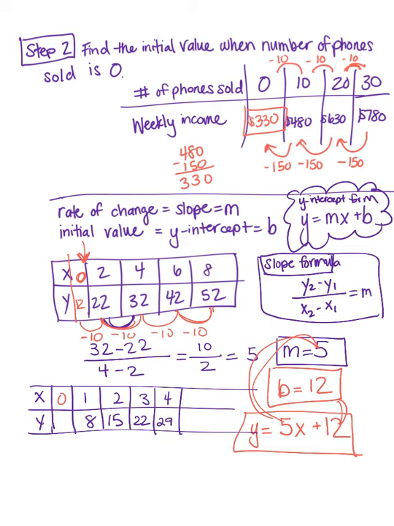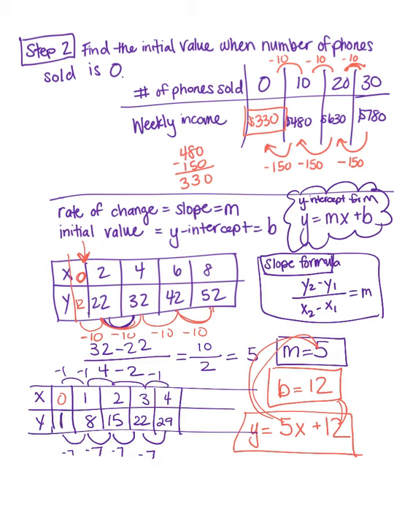Okay, we already know that the top is constant because it's plus 1 each time. Let's check the bottom. 29 minus 22 is 7. We're subtracting 7. 22 minus 15 is 7. 15 minus 8 is 7. 8 minus 7 is 1.